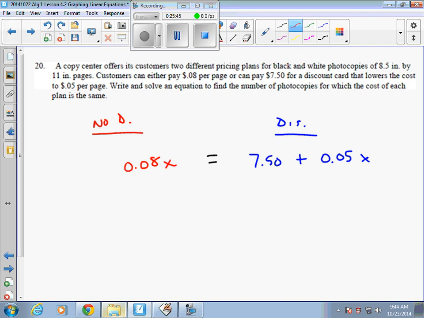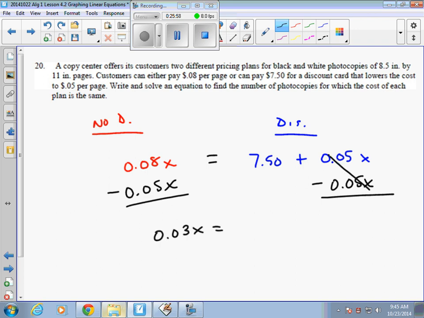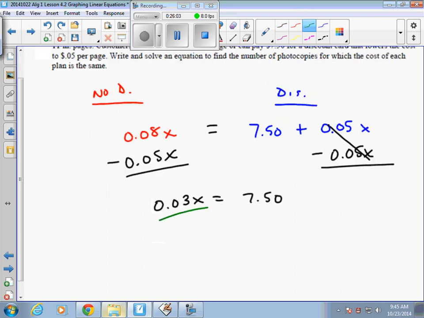So even though we have decimals and we have long numbers, this is a simple equation. Subtract 5 cents x from both sides. And you have 3 cents times x is equal to $7.50. Divide this one to get x by itself by 0.03.